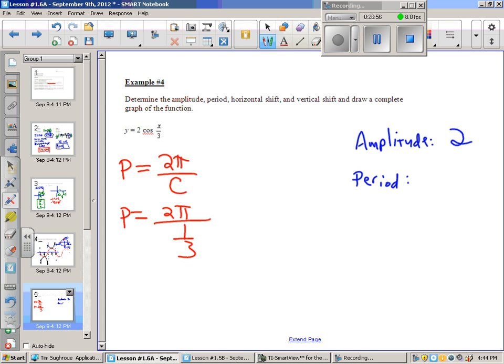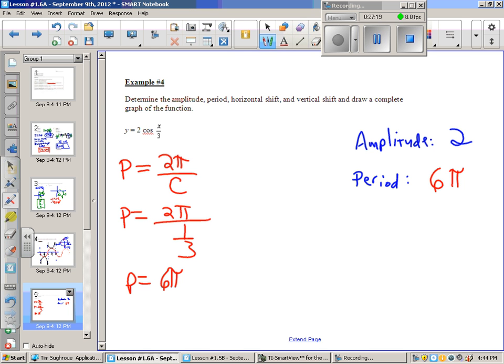So when we flip, we will get 6 pi for the period. So that was my mistake on that. As I told you, I will make mistakes as we go. Generally, I'll get most of them cleaned up before we're done. But you may have to use your eraser even as you're doing some of these online lessons, so I apologize for that. The period is 6 pi.